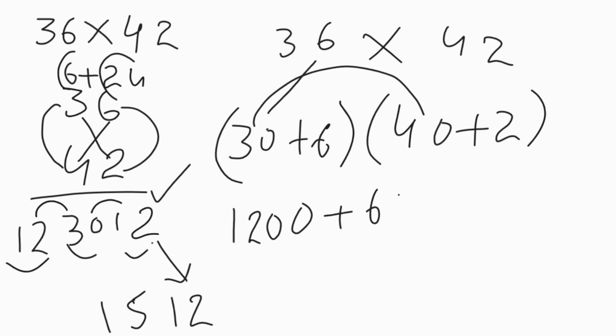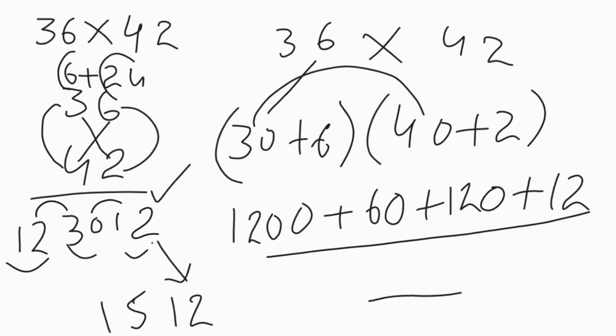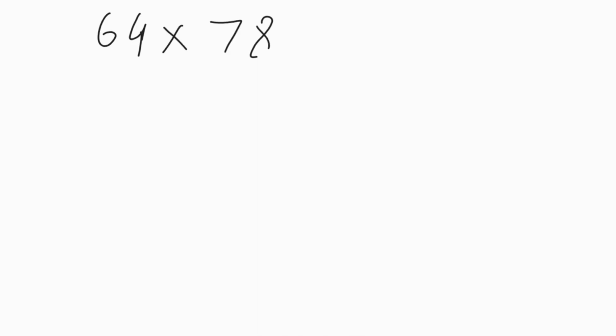So this is equal to 60. Now 6 multiply 40, 6 zeros are 0, 6 4s are 24. Last 6 multiply 2. So this is equal to 12. Add these numbers. So write the answer. The cross multiplication trick simply organizes these four calculations into 3 stages. It makes mathematics easier.